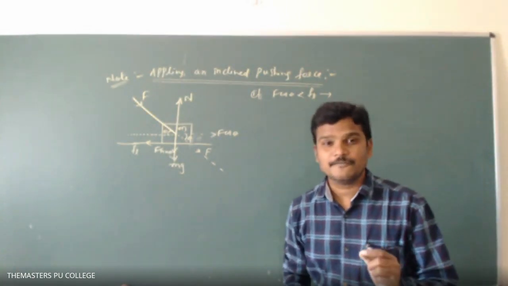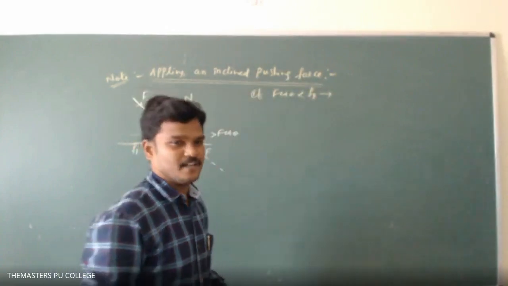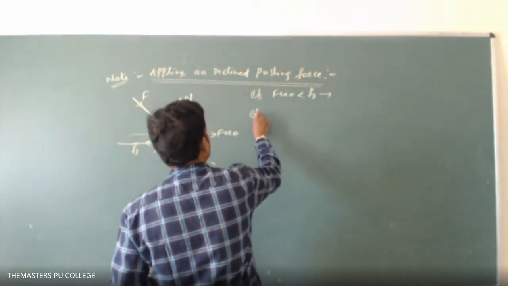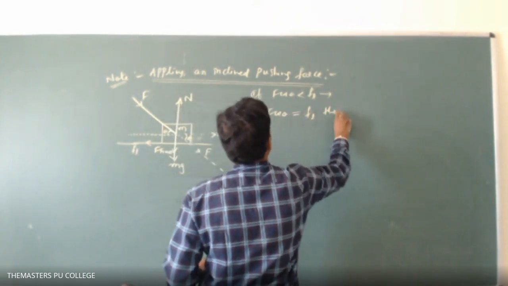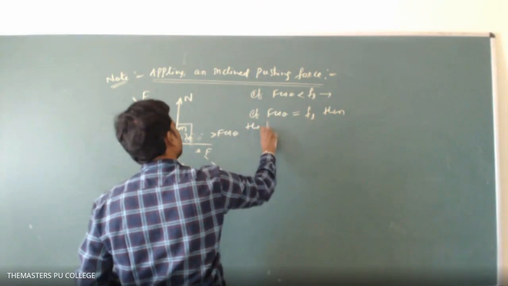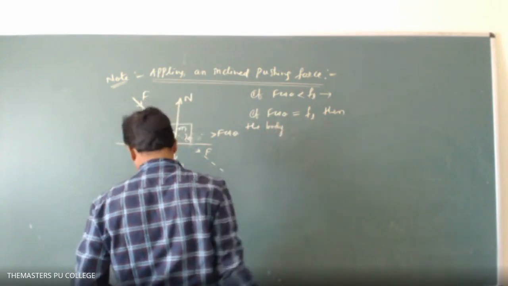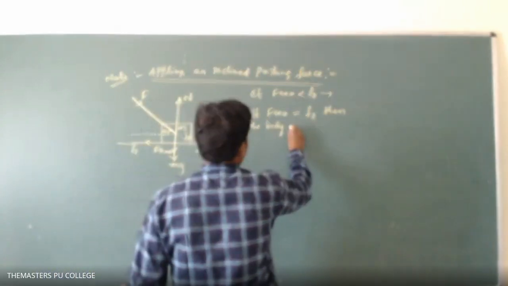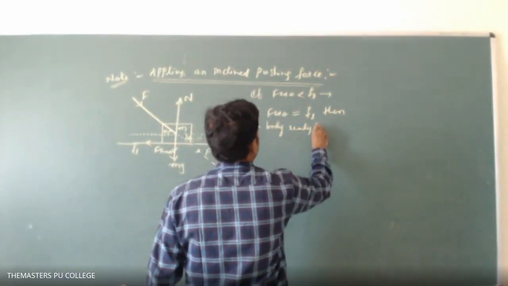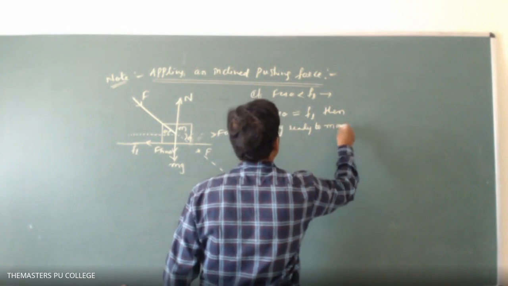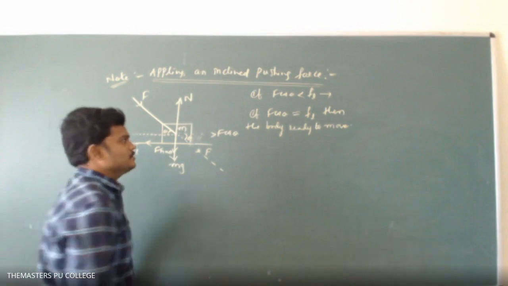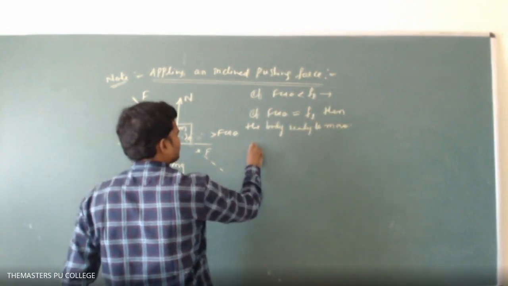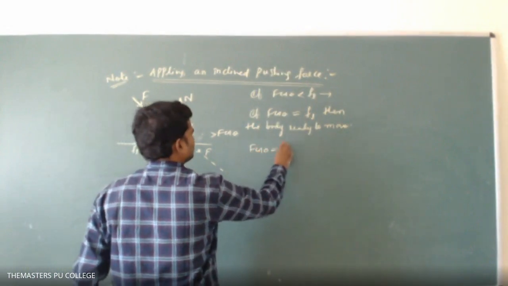Suppose F cos theta is equal to FL. Then what happens? Then the body is ready to move. Yeah, very good. So our target is to find out how much minimum force we have to apply. So F cos theta is equal to FL.